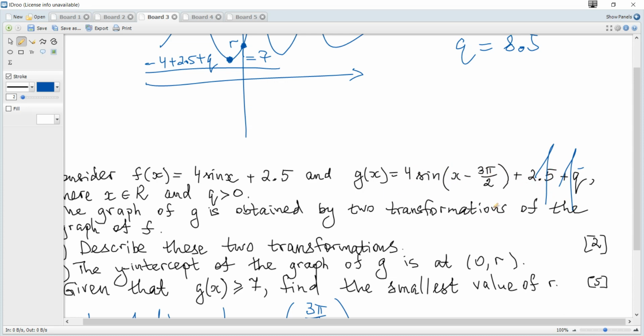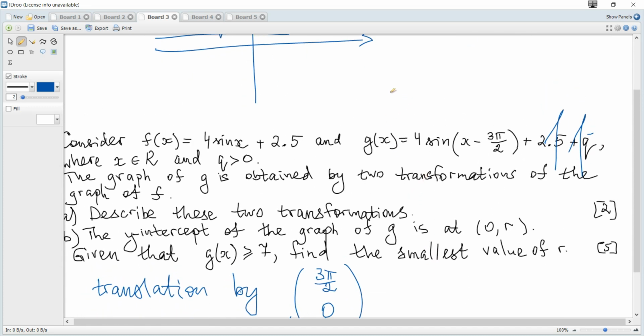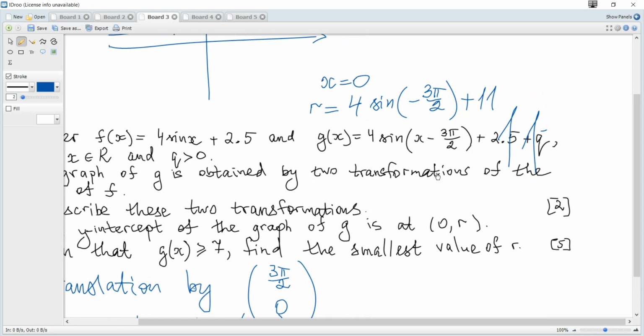and if we consider the y-intercept, just consider x to be equal to 0, hence r becomes 4 sine of negative 3 pi over 2 plus 11.